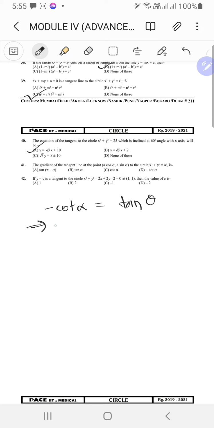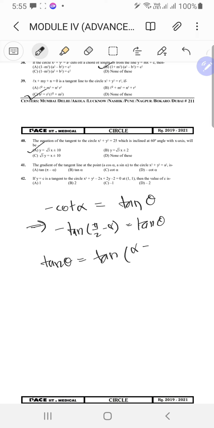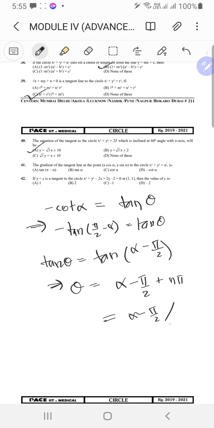I can write this as negative tan of pi by 2 minus alpha equal to tan theta, which means tan theta is tan of alpha minus pi by 2, which means theta is alpha minus pi by 2 plus n pi. So this could be alpha minus pi by 2, or it could be alpha plus pi by 2, something like that.